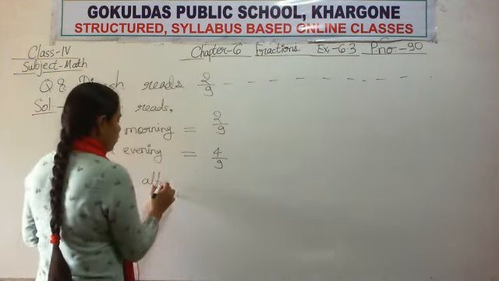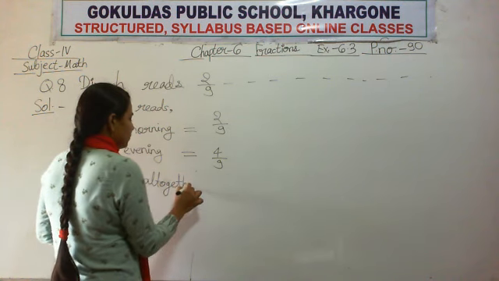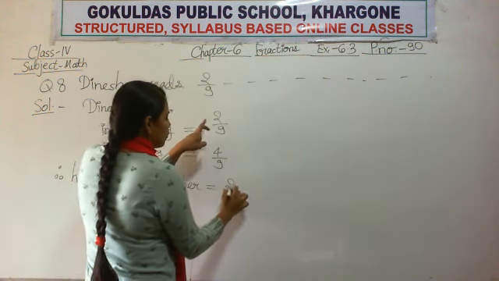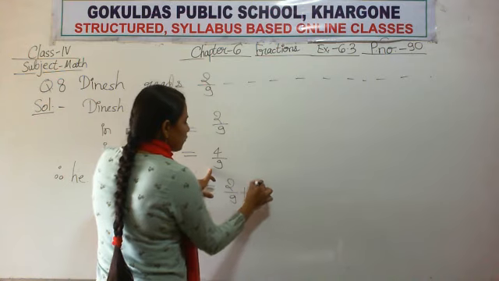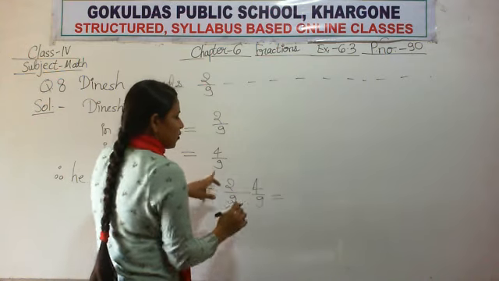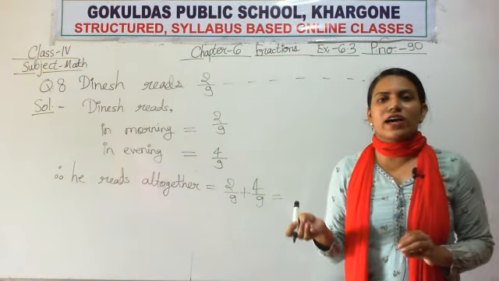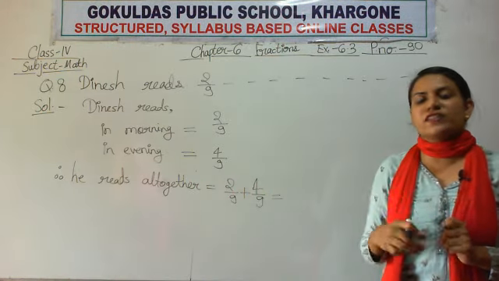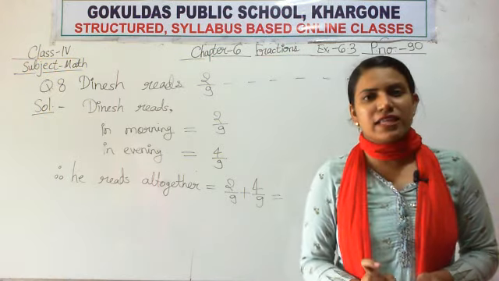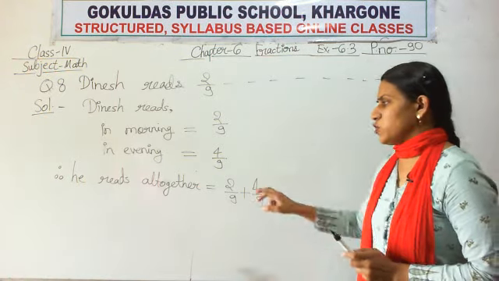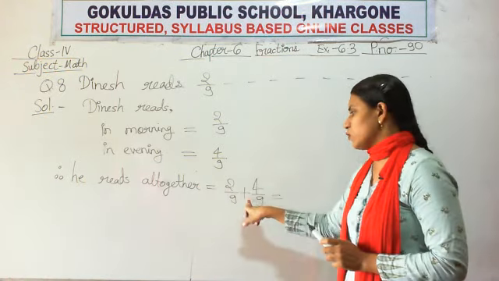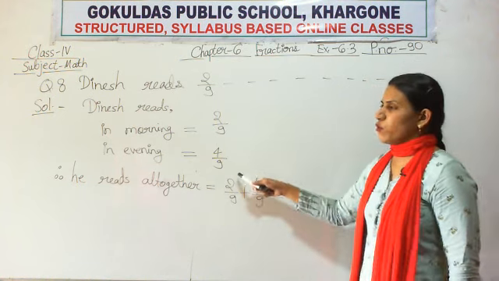Therefore, he reads altogether is equal to 2 upon 9 plus 4 upon 9, right? Because I told you that if altogether or total or sum, these sum words come into a word problem, it means addition you need to perform. So here altogether comes, means you need to perform addition. So add both the numbers.